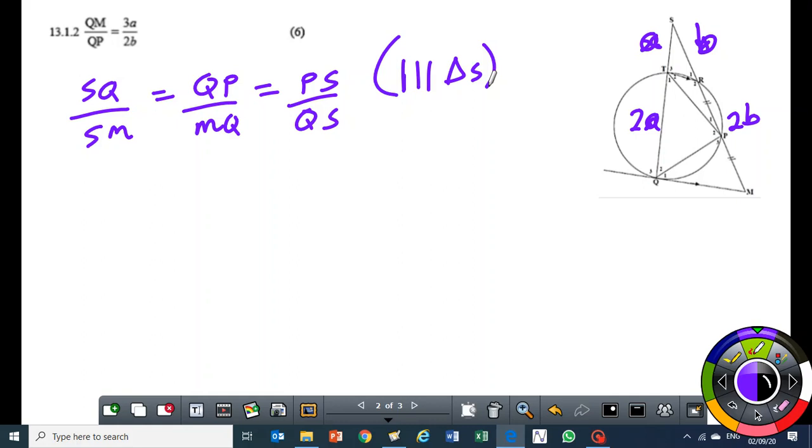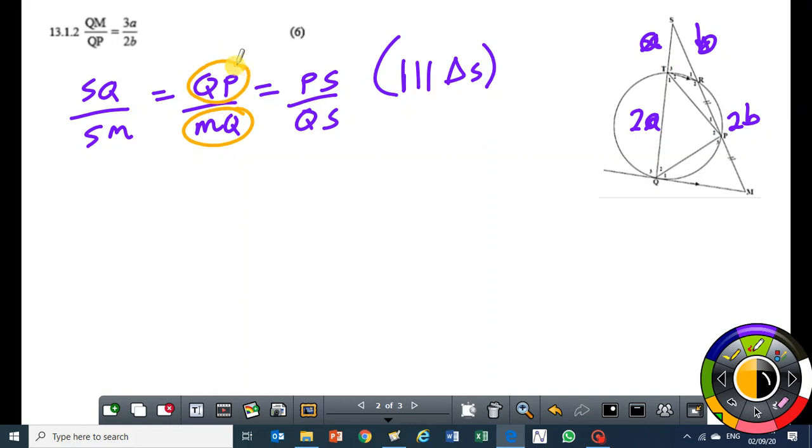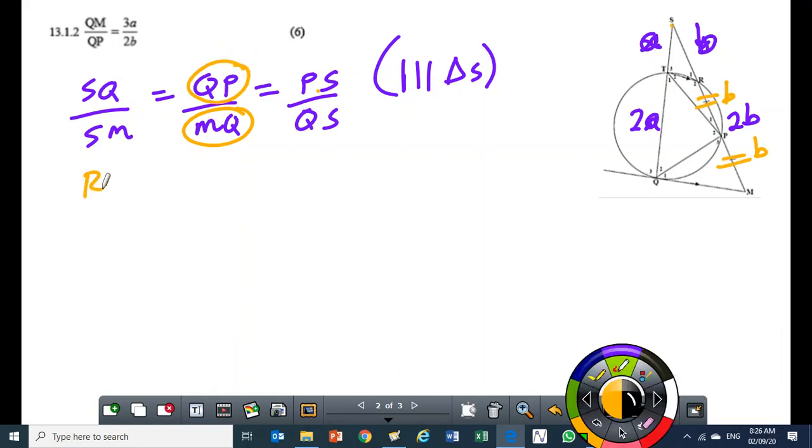Okay, then from here now, you can see that you have got your QP and your MQ. QP, this is your QM, that's your QP. Okay, RP is equal to PM. Okay, that's given. Okay, which means RP, or say SP, SP will be equal to 2B.